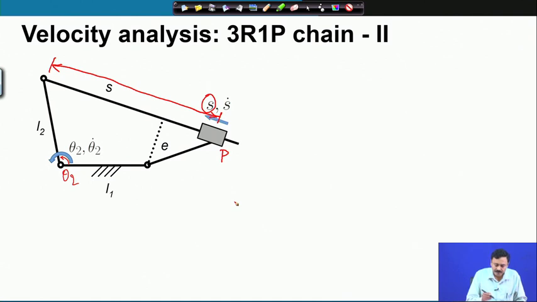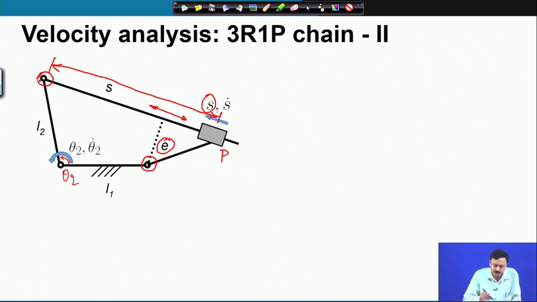Previously, we had defined this offset E, which is measured in the direction perpendicular to the direction of the prismatic pair. This is the direction of expansion or motion of the prismatic pair. E is measured as the distance perpendicular to this direction of motion between the two hinges connecting the two links of the prismatic pair.